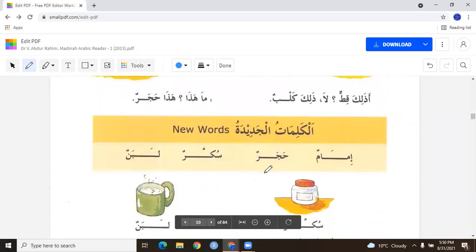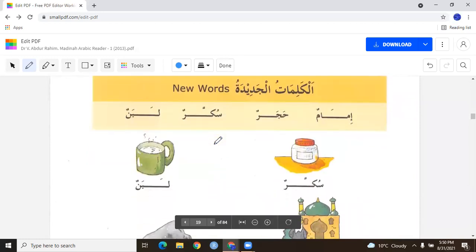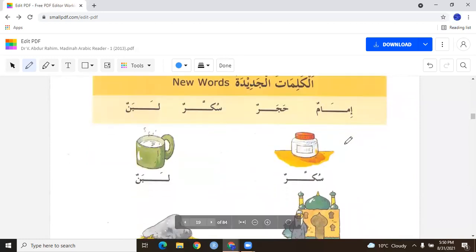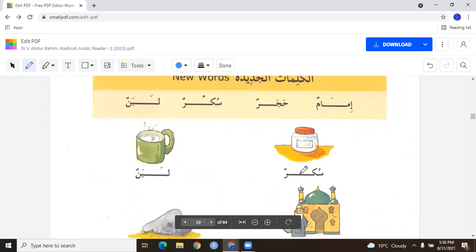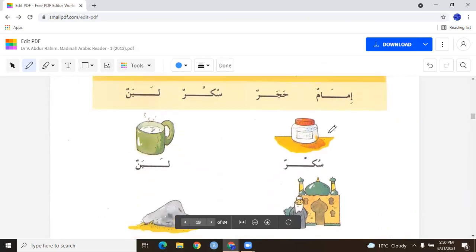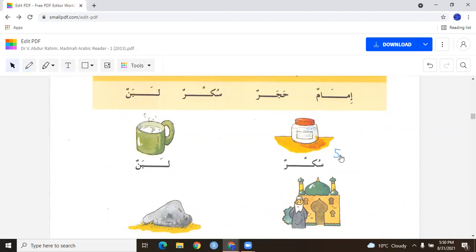So now, al-kalimat al-jadidah. This means new words. So what are some of the new words that we learned today? إمام, حجر, سكر, لبن. Very good. What does sukkarun mean? The picture is there to help you. سكر is sugar. لبن is milk. Sugar, very good. What is labanun?